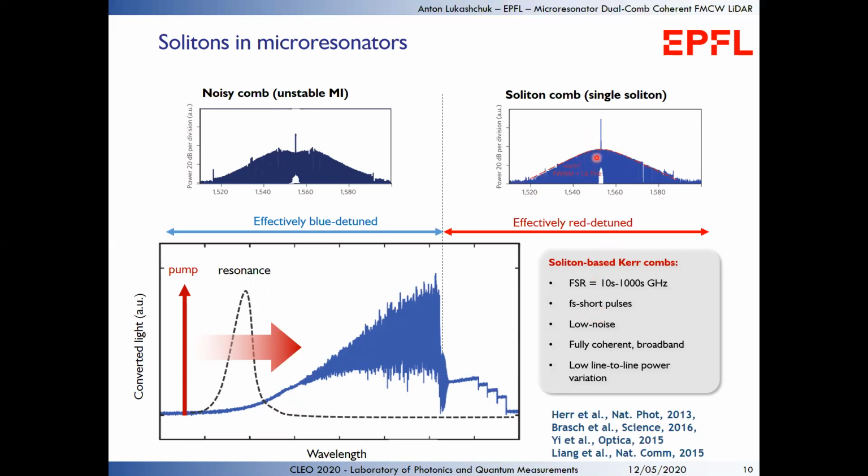Of course, they correspond to the solitons in mode-locked lasers. And we have obtained those solitons from tens to thousands of gigahertz. They can be as short as 50 femtoseconds. They are low noise, they can be broadband, and they have low line-to-line power variation, determined by the sech squared hyperbolic profile.